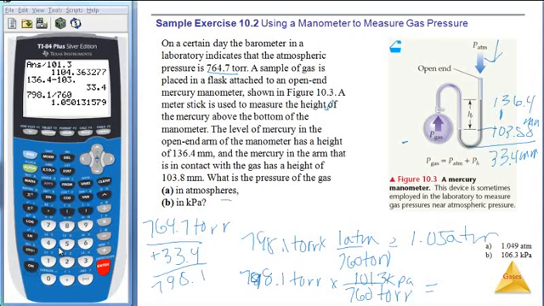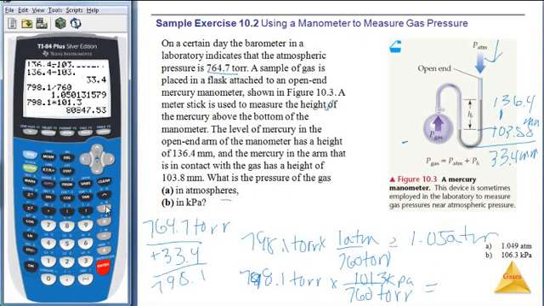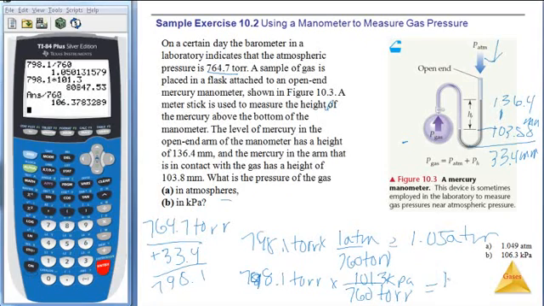So if I punch that in, 798.1 times 101.3, divided by 760, and we get 106.4 kPa, a little bit off, but good enough. Okay.